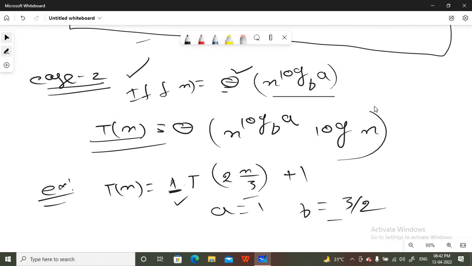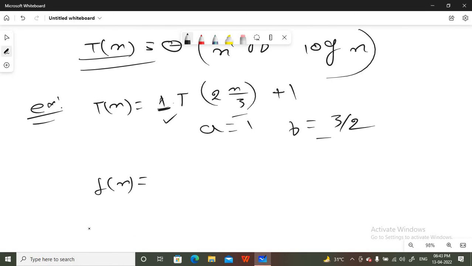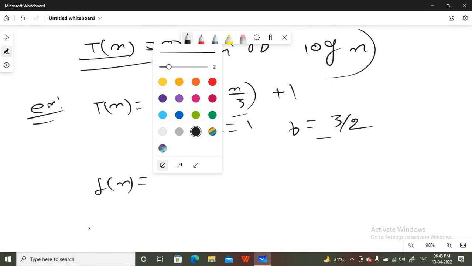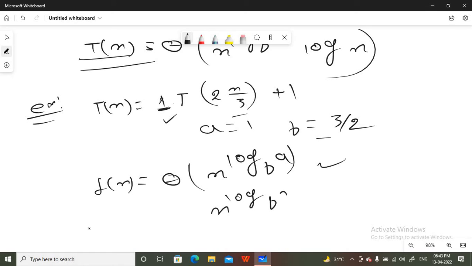About the function f of n equals theta of n to the power log base b of a. This one I have to satisfy. So before that, calculate n to the power log base b of a, where b is 3 by 2 and a is 1.